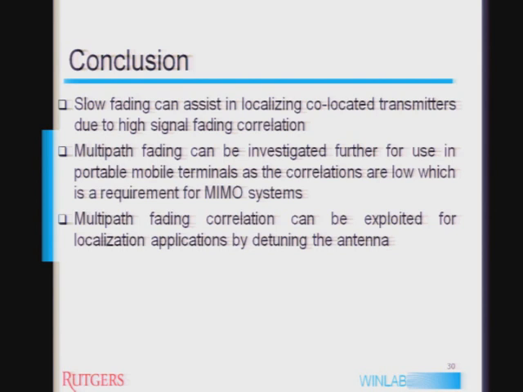Multipath fading can be investigated for mobile phones, because the constraint there is that since mobile phones are very small, you cannot place two antennas very close to each other. From our measurements, the correlations are not that high, so maybe those could be investigated. And if multipath fading has to be used for localization, then detuning the antenna might be a solution.